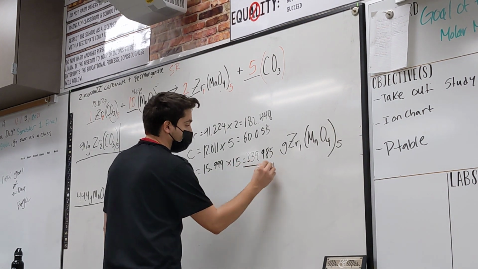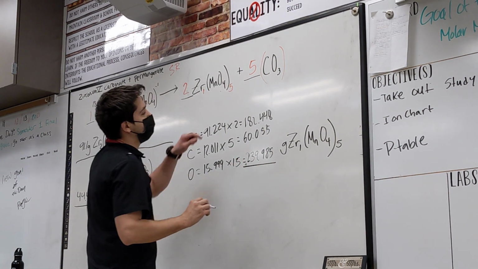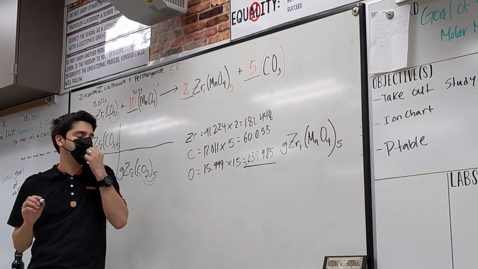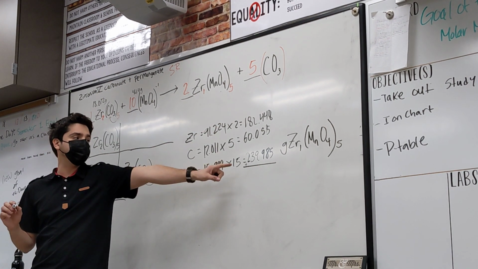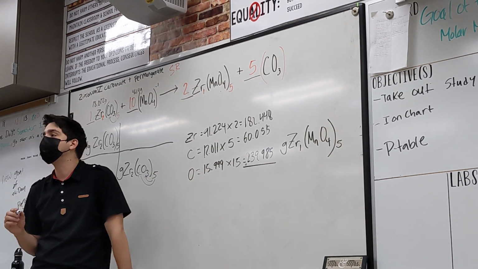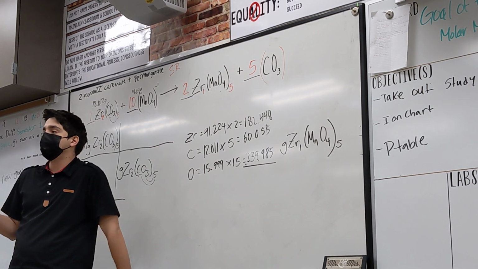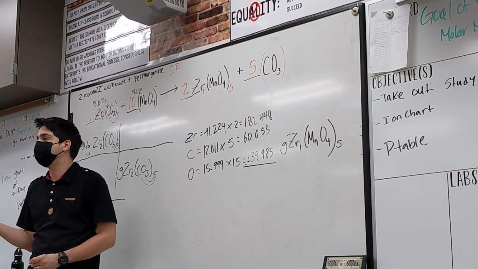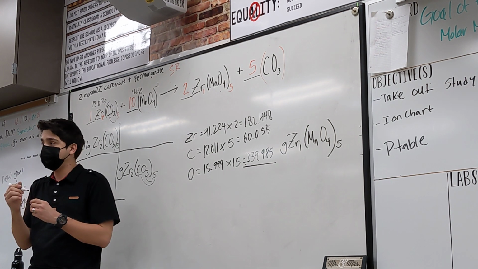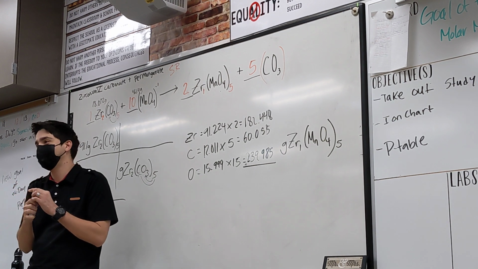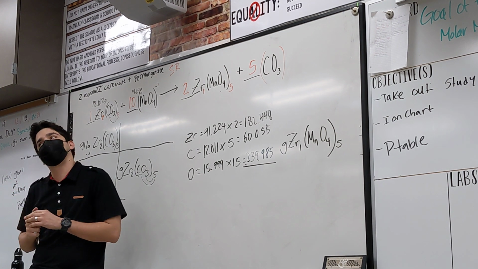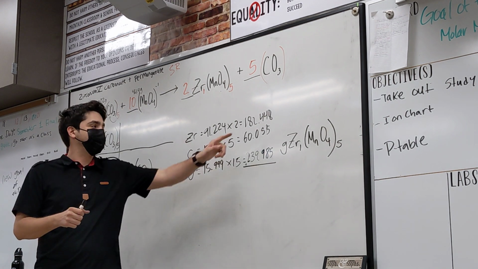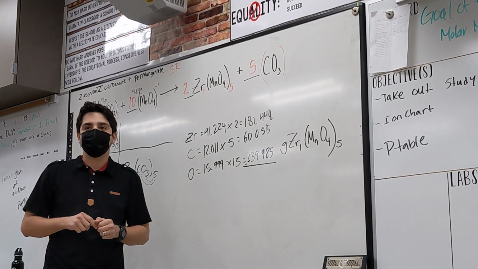So now we just got to add this together. So what's 182.448 plus 60.055 plus 239.985? What was the number? You got it together?